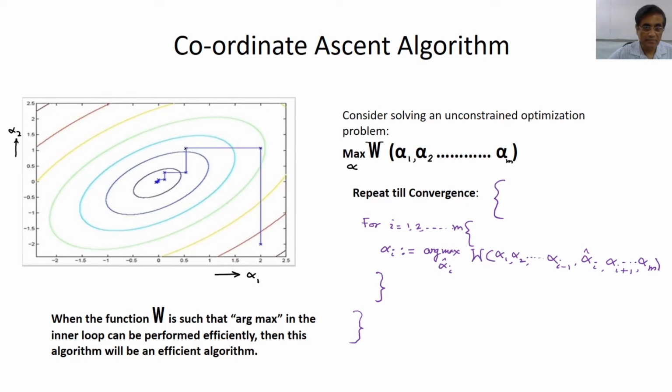Then whatever is possible you do that re-optimization, and then again repeat the same thing, that is, make progression in alpha 2 keeping alpha 1 constant, then alpha 1 constant making alpha 2 vary, like that till you reach the global optimum point, that is at the top of the bowl.